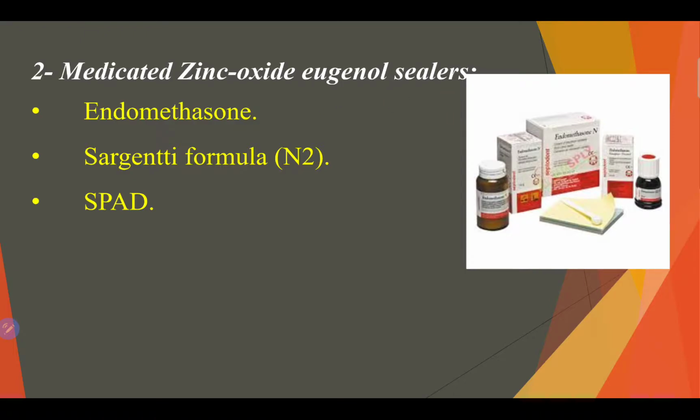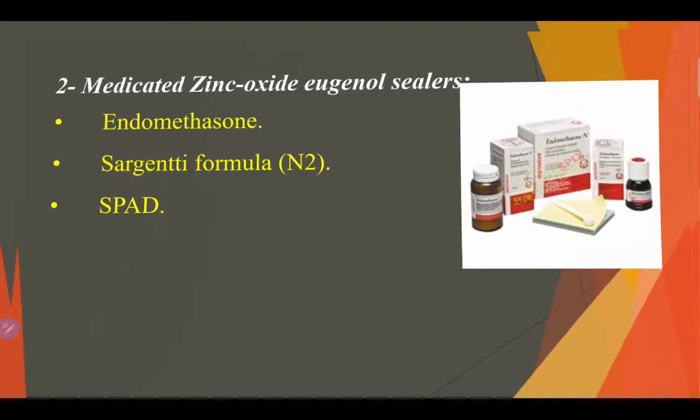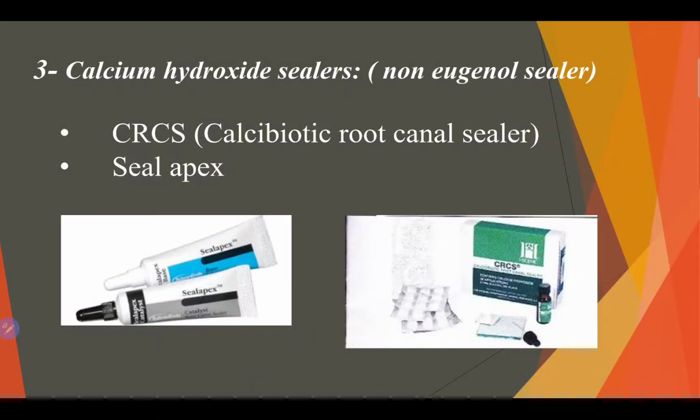When they found that the eugenol makes some irritation to the periapical tissue, they decided to introduce medicaments in the zinc oxide eugenol sealers, like Endomethasone, the Sargenti formula, and N2. This is the example. They just put medicaments in these kinds of sealers to make it a more anti-inflammatory sealer than the previous zinc oxide eugenol.